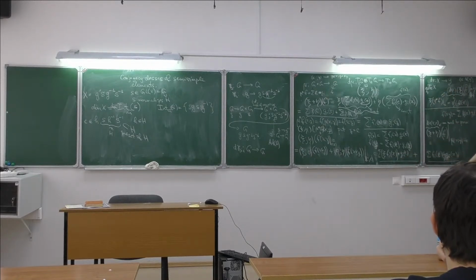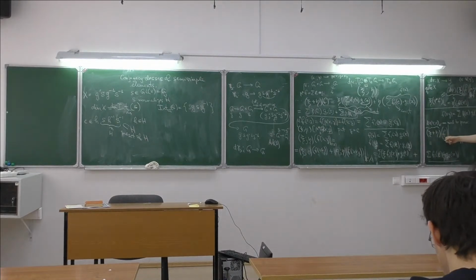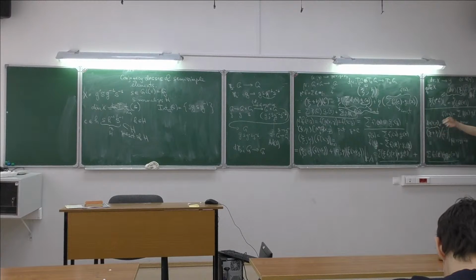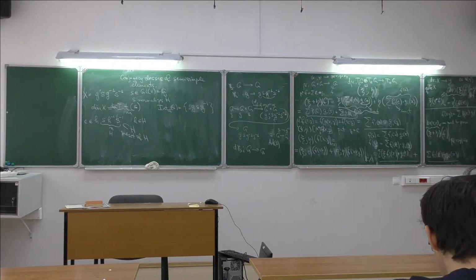Да? А теперь я хочу показать, that this differential is just a sum of these two vectors applied to f. So I have to prove this equality. I have to take f and apply the differential of these two vectors in the point e.